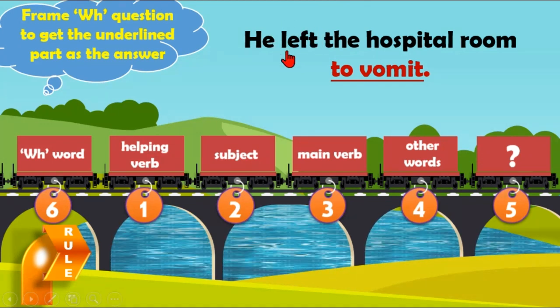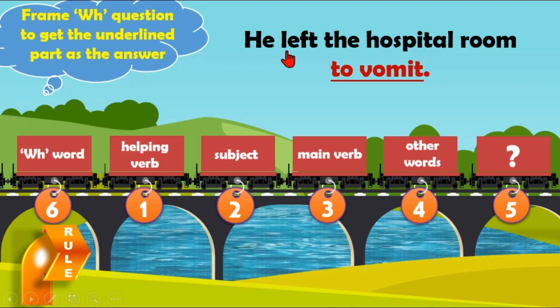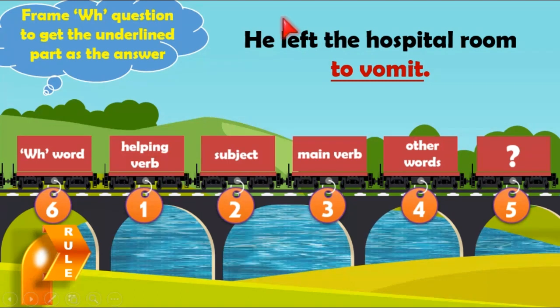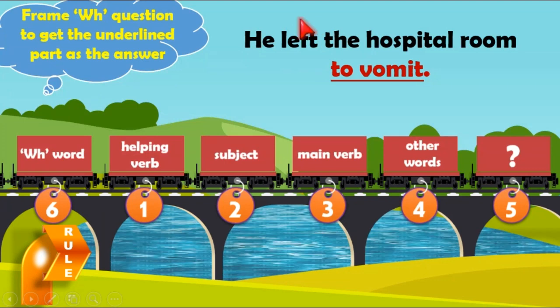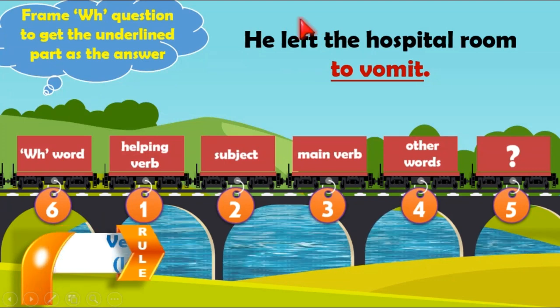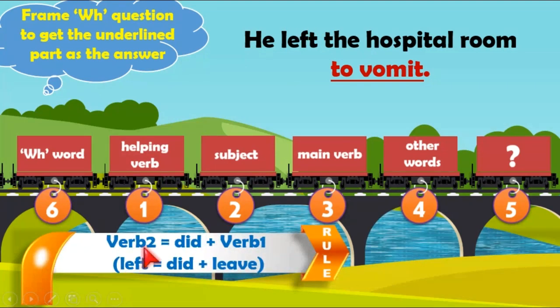But the V2 form of the verb, left, is given. So we have to split this word. How can we split it? Verb 2 means did plus verb 1. Left is equal to did plus leave. So what is the helping verb here?